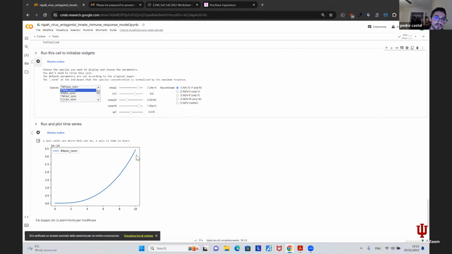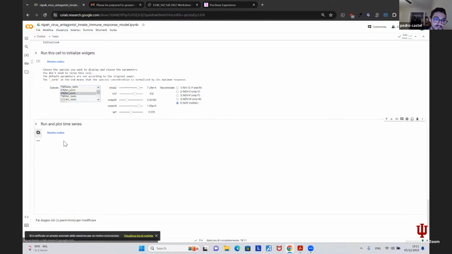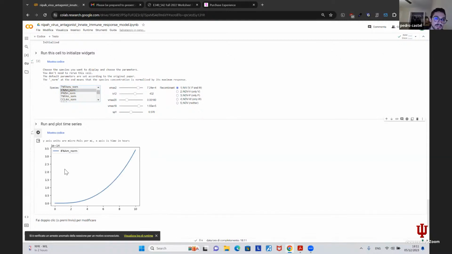Yeah, this is really, really low, but if you go to neither, I'm not sure if everything is right, but I can check specifically the interferon alpha case. With neither of them, mRNA for interferon beta goes to 1. If I check NIV, which is Nipah virus, all of them, you can see it goes to 10 to the minus 14. So it's basically 0 mRNA that encodes interferon alpha.